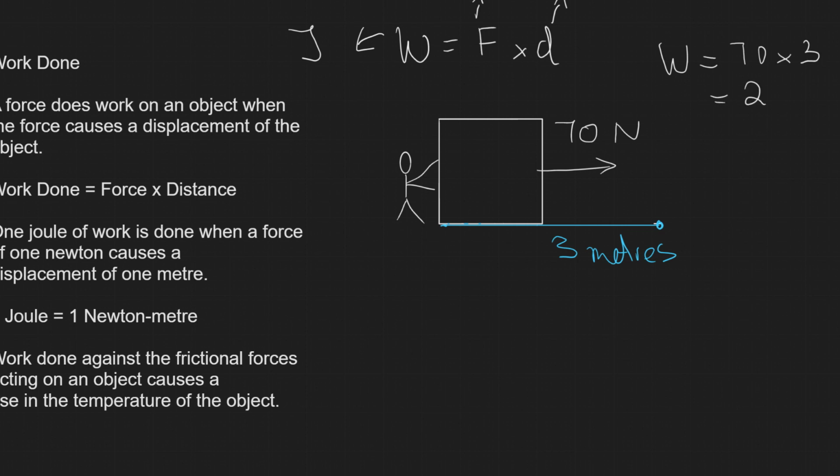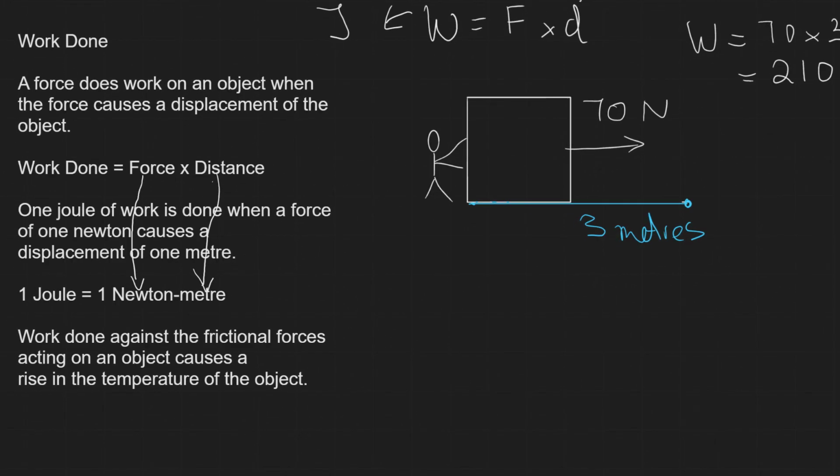So that's going to give us 210 joules. Interestingly, 1 joule is actually equal to 1 Newton meter because, well, you can think of the force as being measured in newtons multiplied by the distance, which is measured in meters.